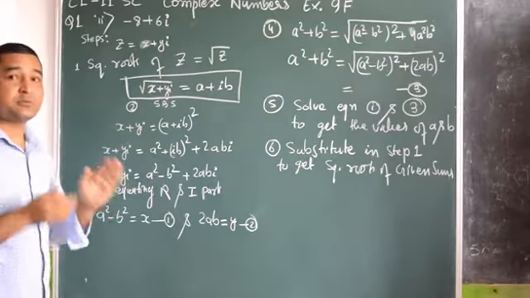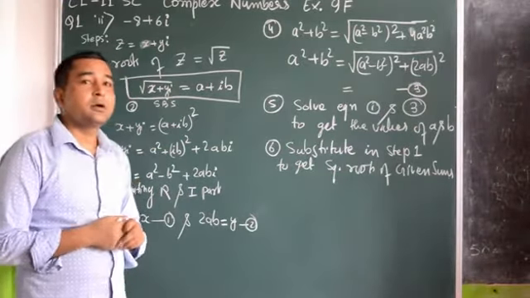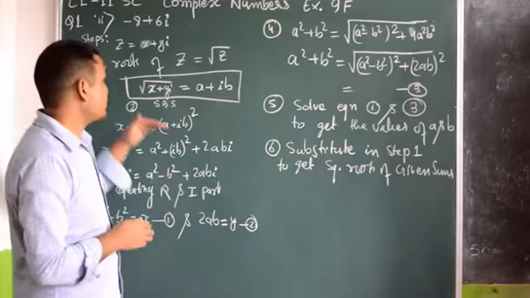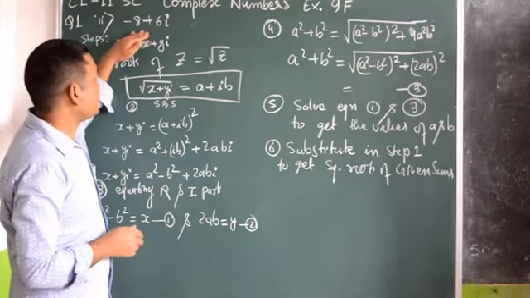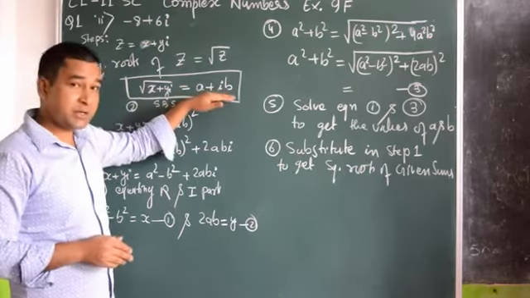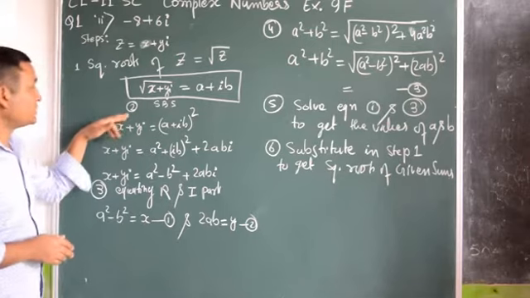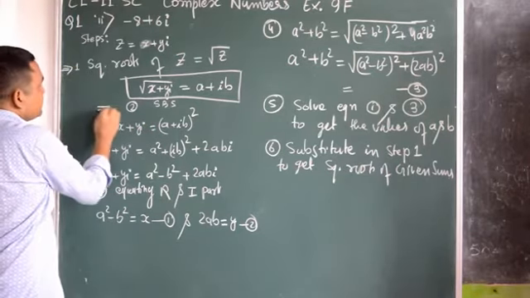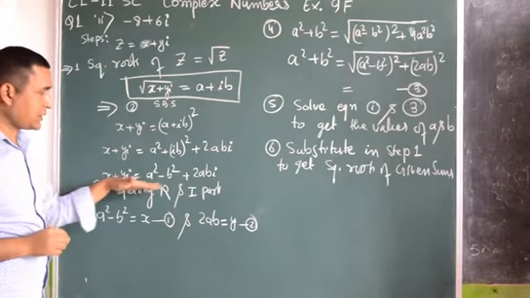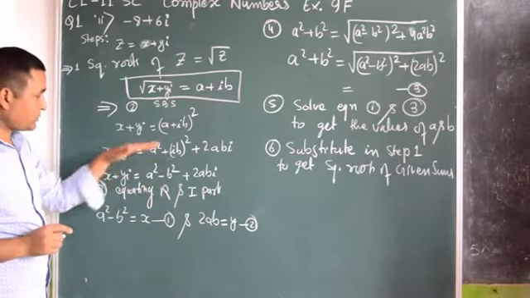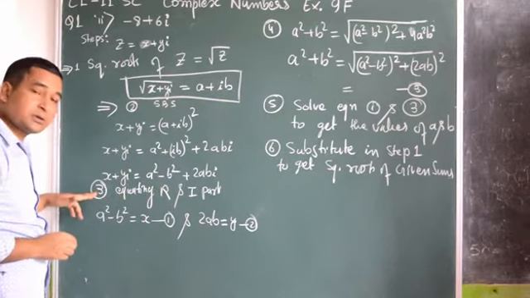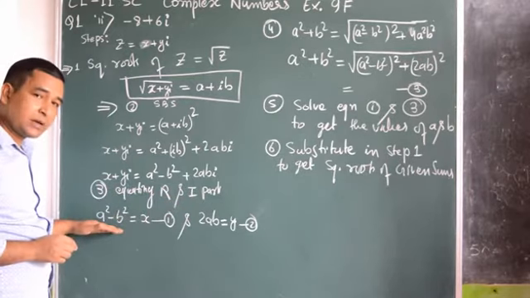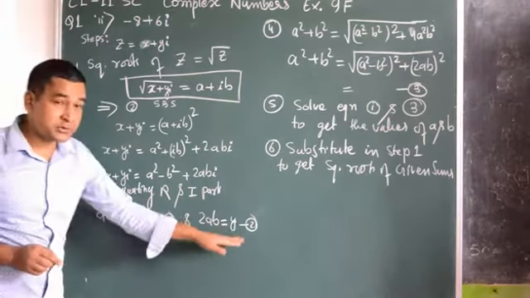Now these are the steps to find the square root of a complex number. Number 1, we consider the square root of that complex number equals a plus ib. Then number 2, we do the squaring on both sides to get the equation. After getting the equation, in step 3, we separate the real and imaginary parts, and from there we get equation 1 and equation 2.